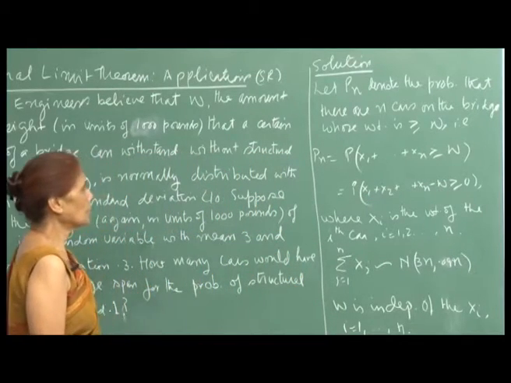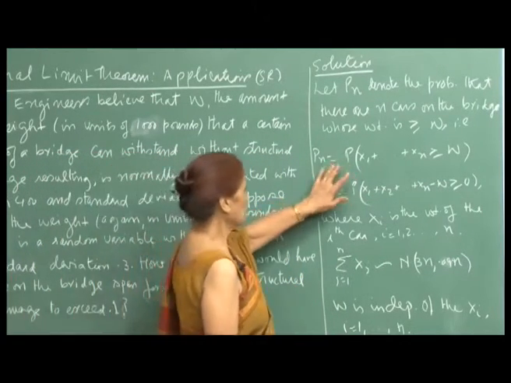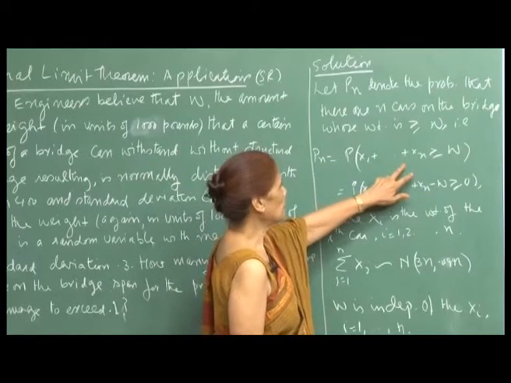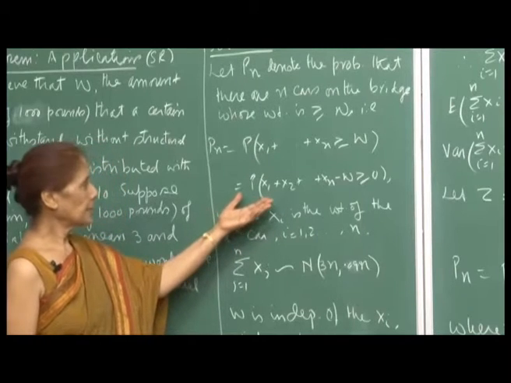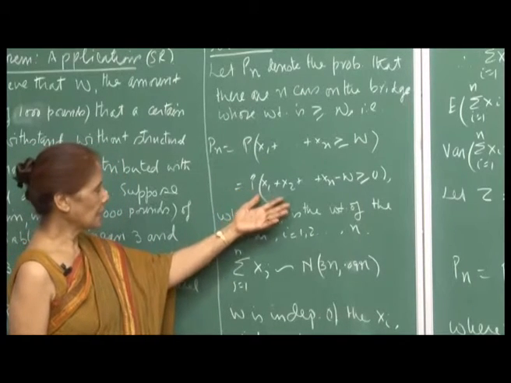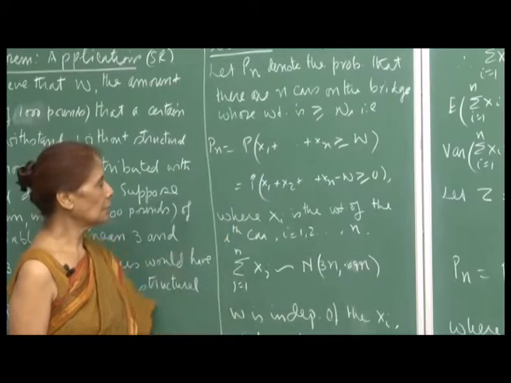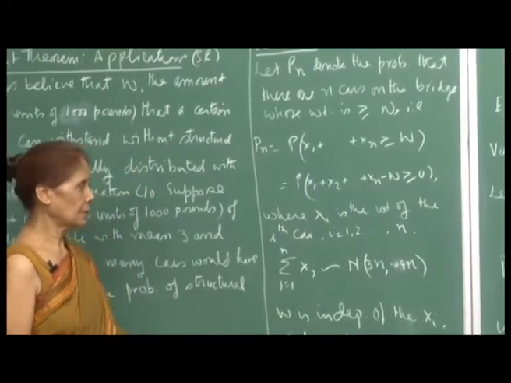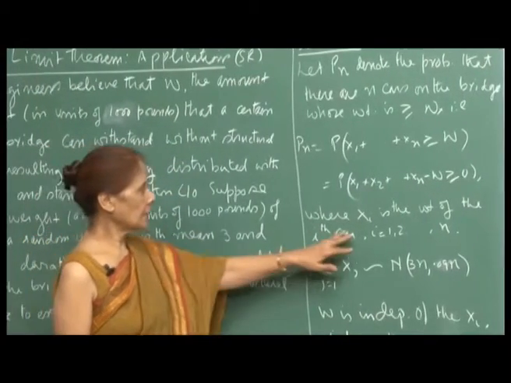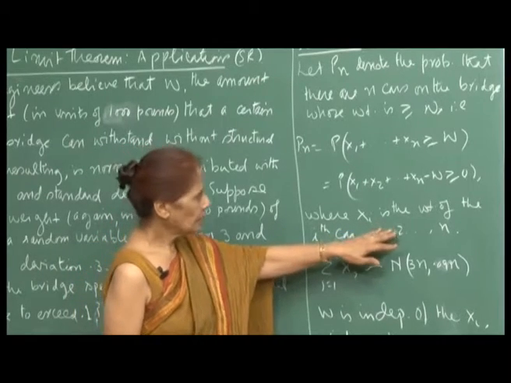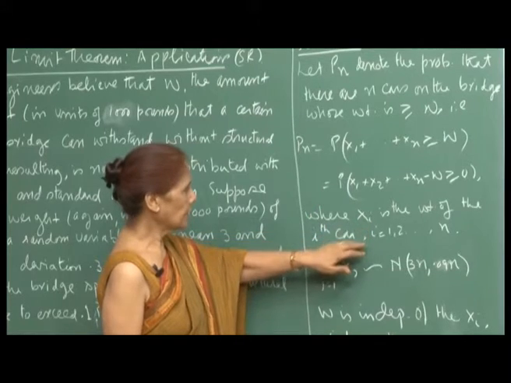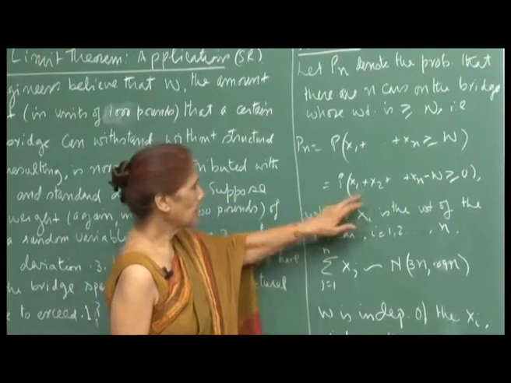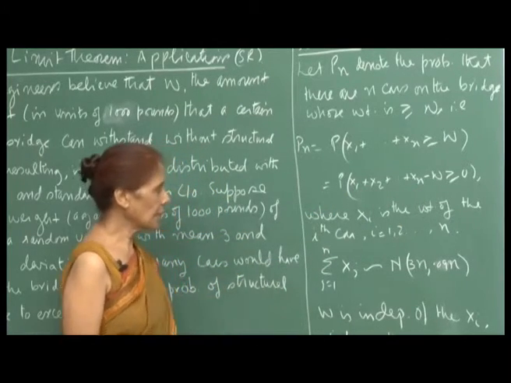So, this is P n equals probability x 1 plus x 2 plus up to x n greater than or equal to W, and you can rewrite this as probability x 1 plus x 2 plus up to x n minus W greater than or equal to 0. Now, X i denotes the weight of the ith car. So, this is the total weight of the n cars which are on the bridge at that time.